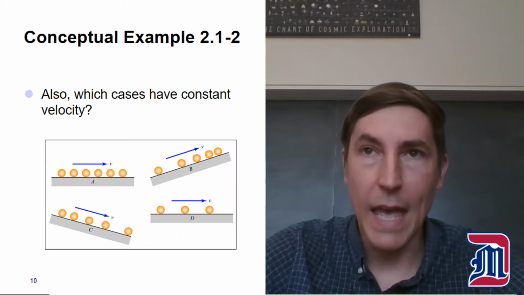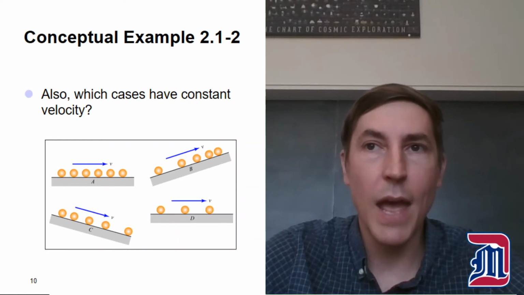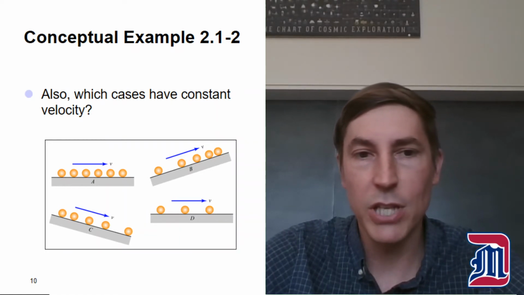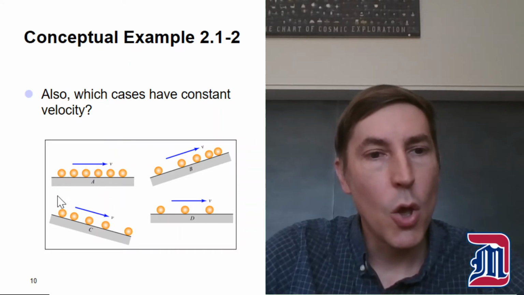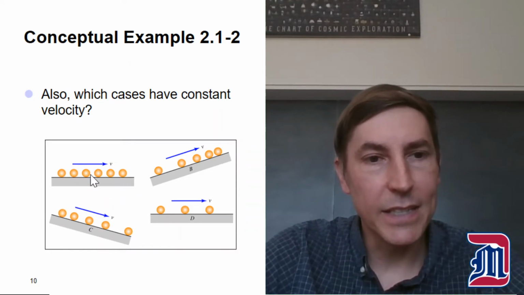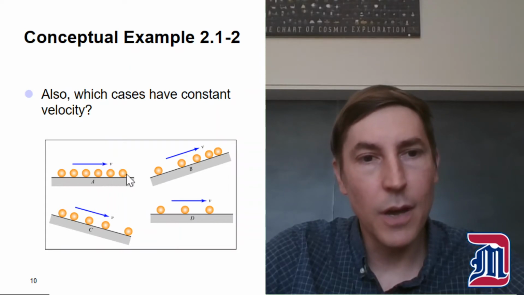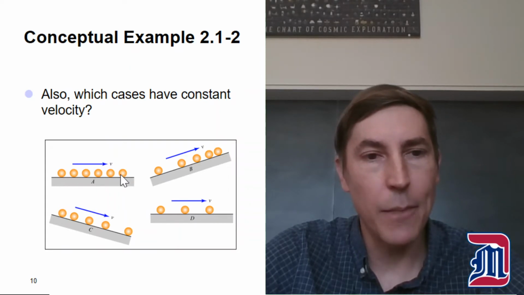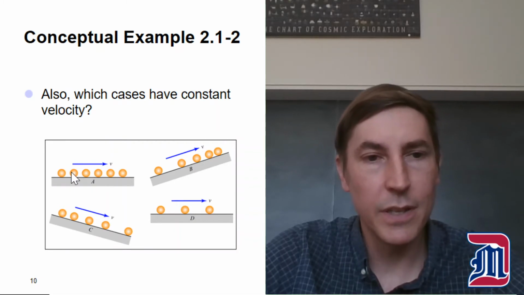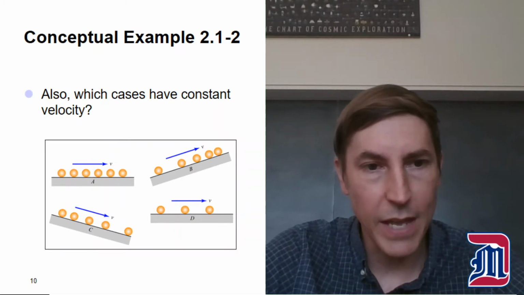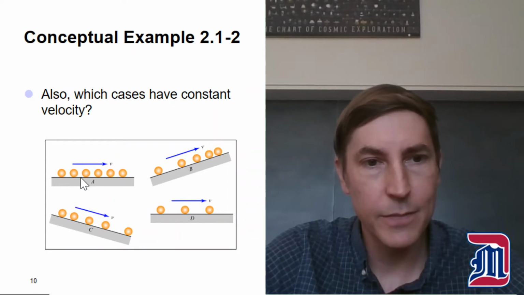Okay, so again, velocity is how much our position is changing for a given change in time. In this case, A looks like it's covering the same amount of ground each time snap. Same delta S in the first snapshot, same delta S between the next two snapshots.